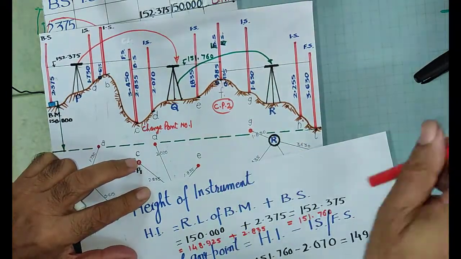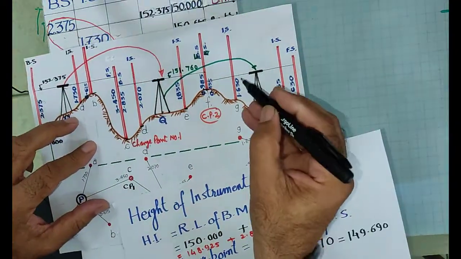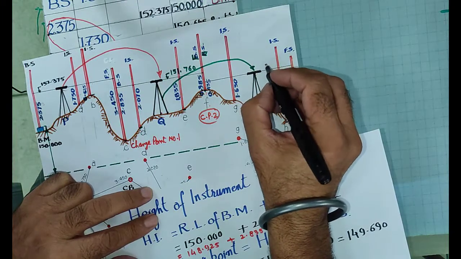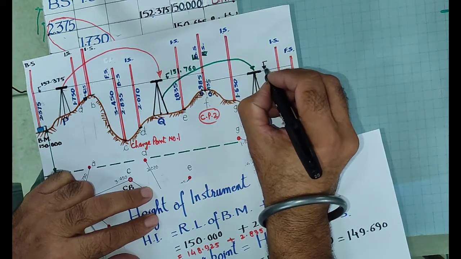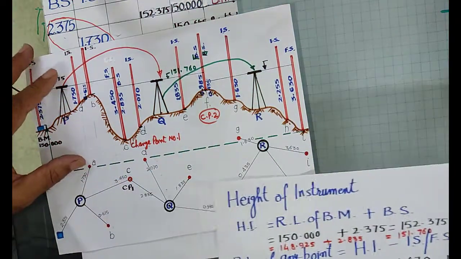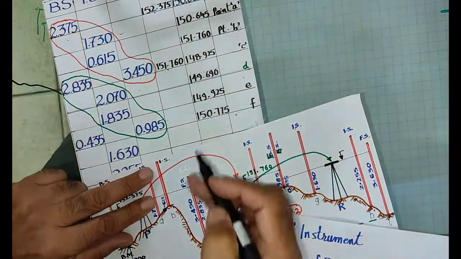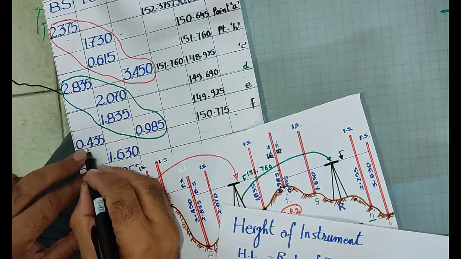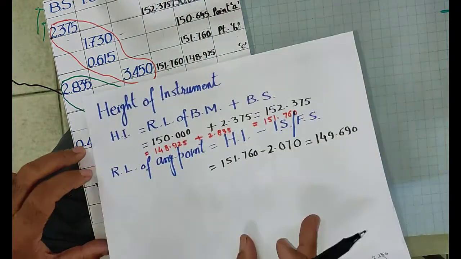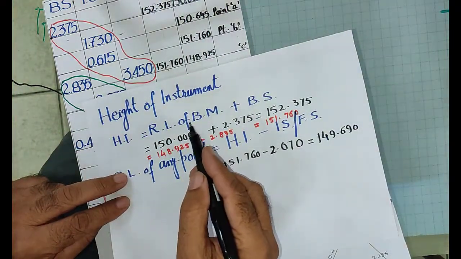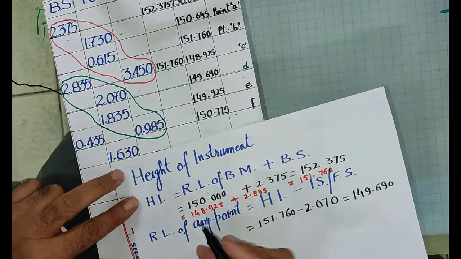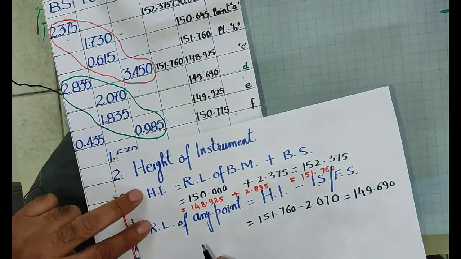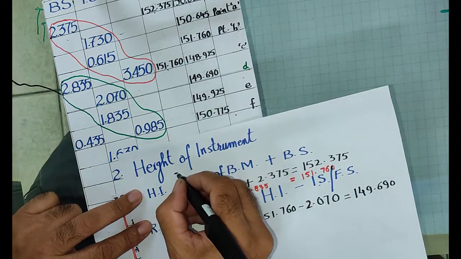So now I can calculate the height of instrument, using the same formula. The RL of point F is given; I can take it over here for this calculation.